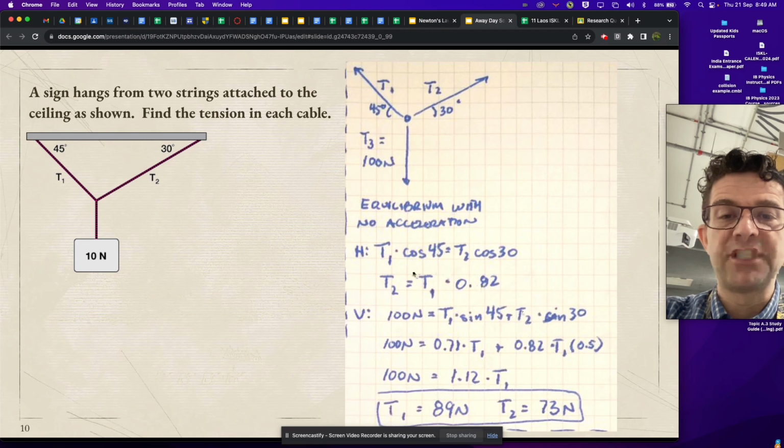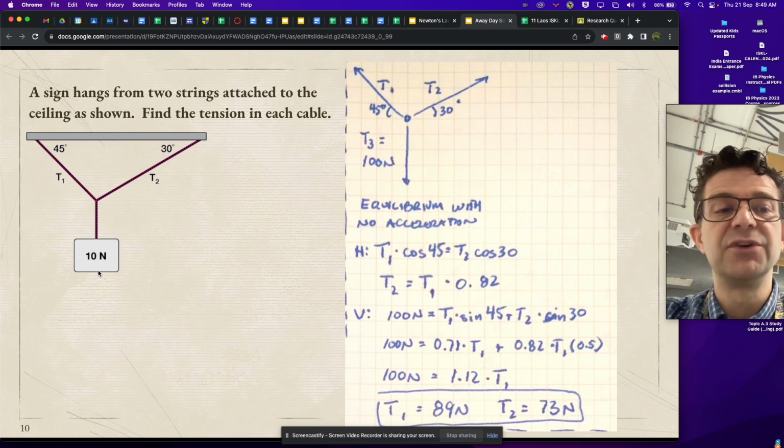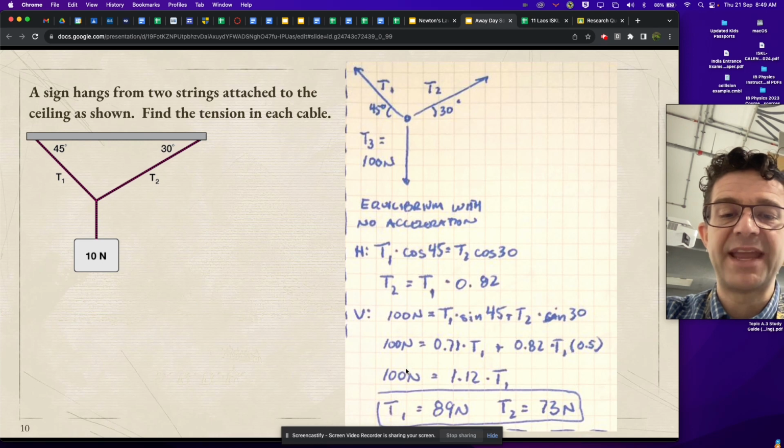Substituting in for T2 is equal to T1 times 0.82, I get that the 100 newtons is equal to 0.71, that's the sine of 45, times T1, plus 0.82 times T1, that's the same thing as T2 from the first equation, and then the sine of 30 is a half. And I can go on to solve for the value of T1 is 89 newtons, and then 82% of that is T2 at 73 newtons. Of course, if you used the 10 newtons, you would have come up with 8.9 and 7.3.